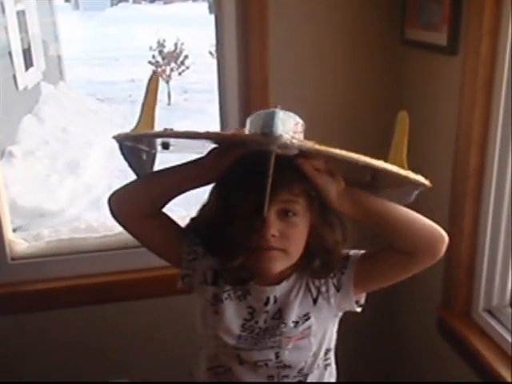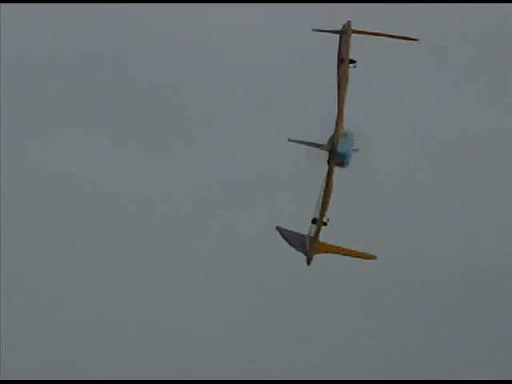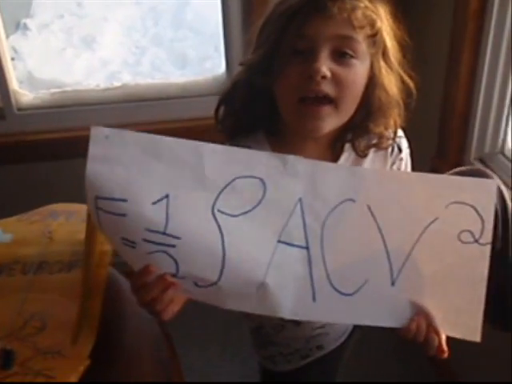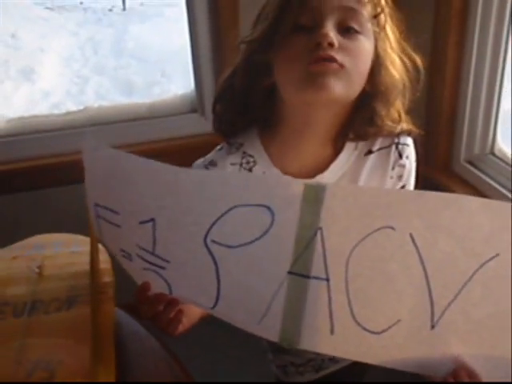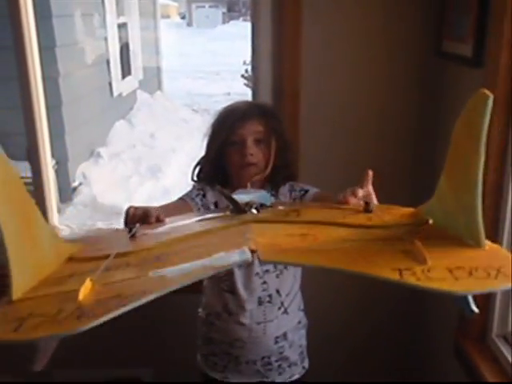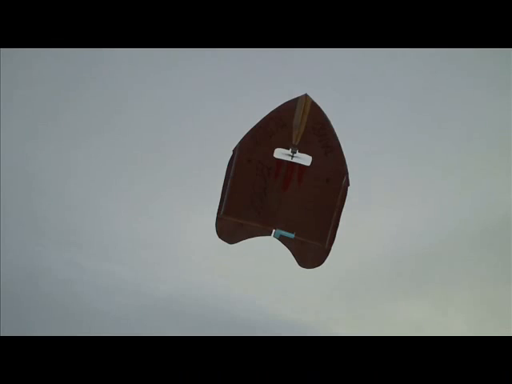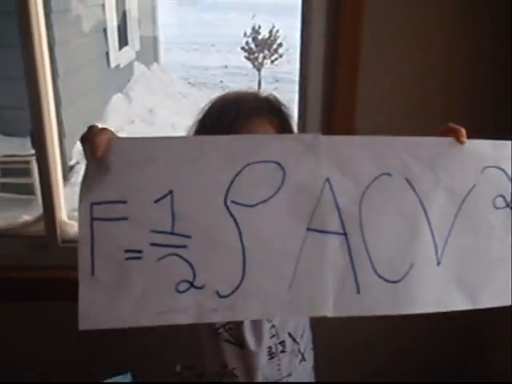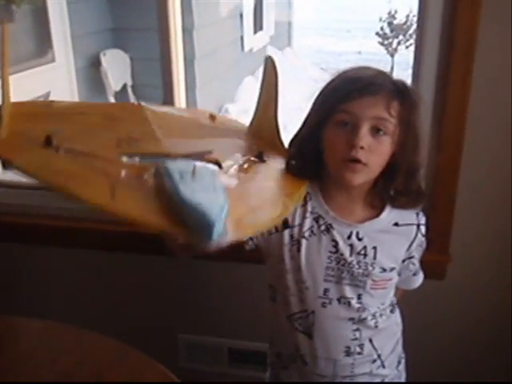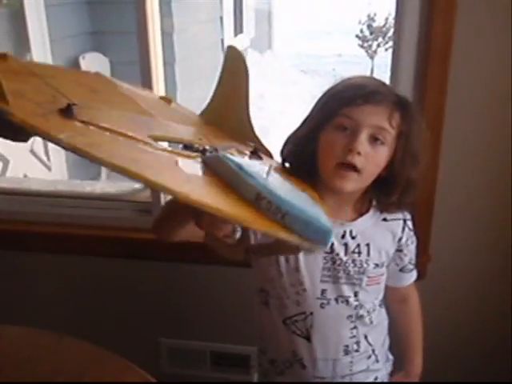Our Neuron plane has a very small front area. Small A means small force for drag, but our area for lift is large. Big A for lift, large force. This means that our Neuron can float and fly slowly.